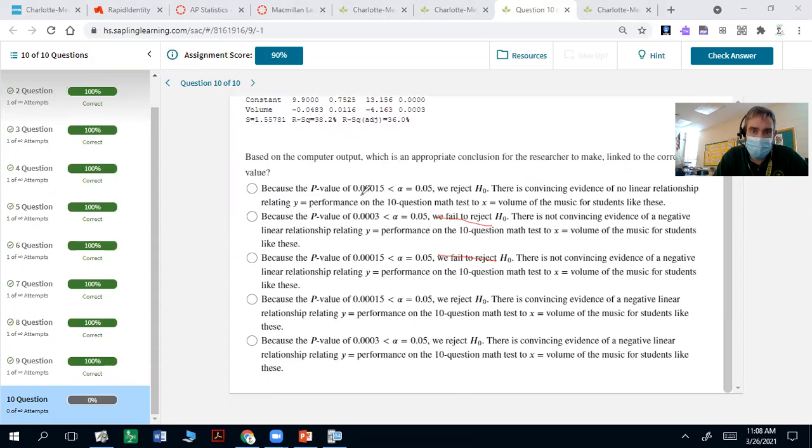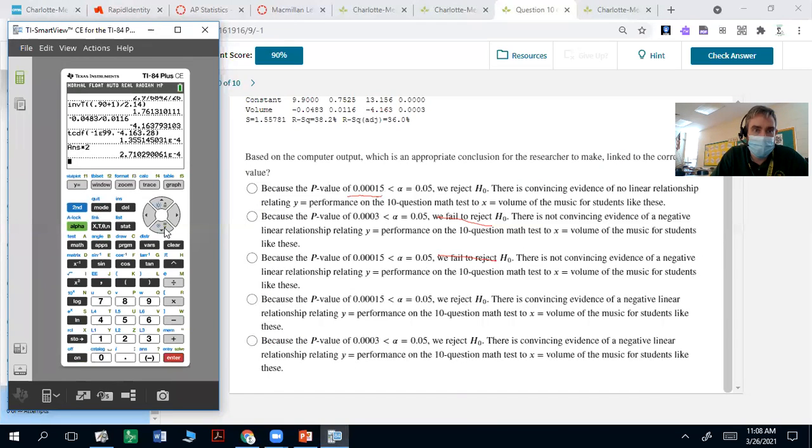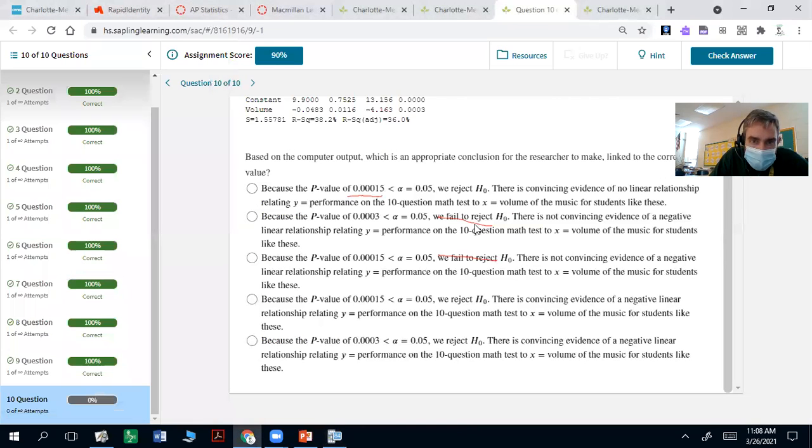We have a p-value that is 0.0015. Ah, so I did get 0.00015 in my calculator, didn't I? That was for the one-sided test.